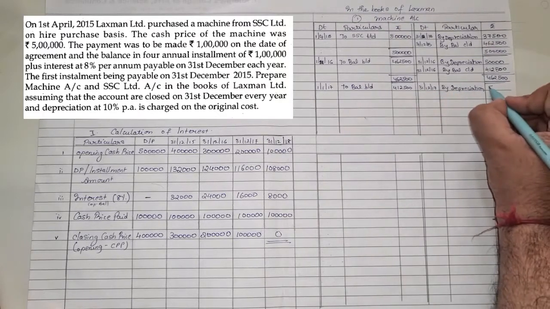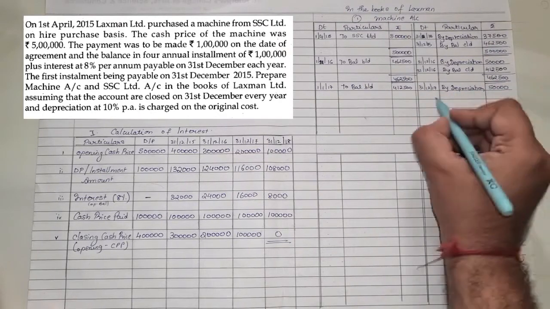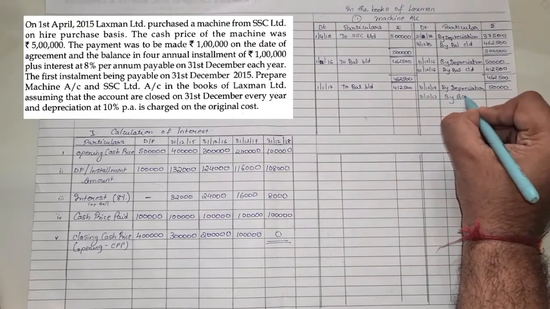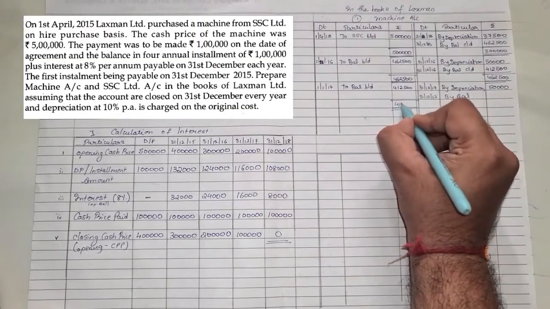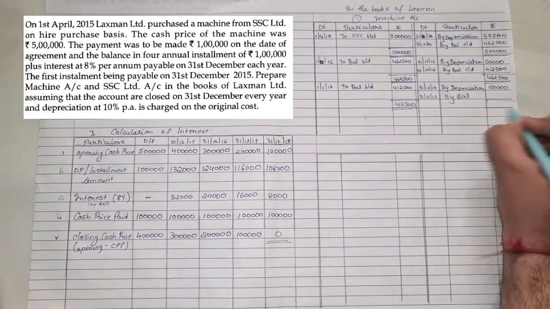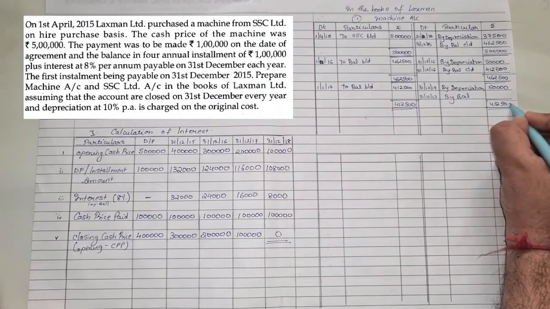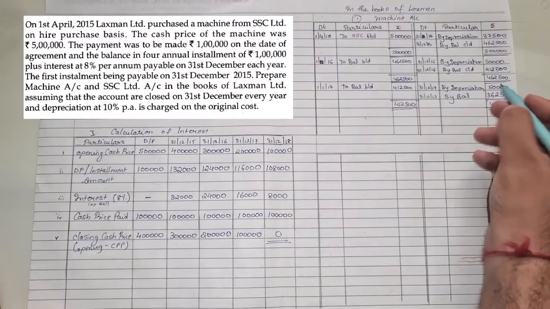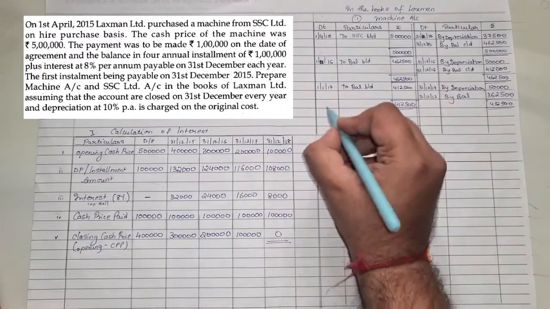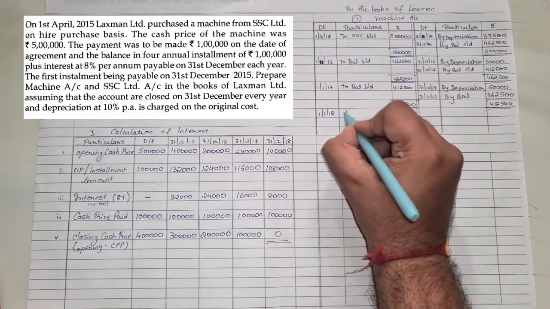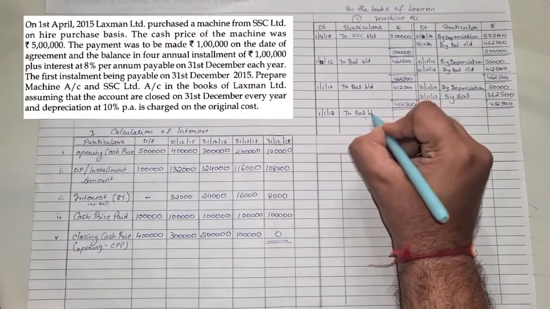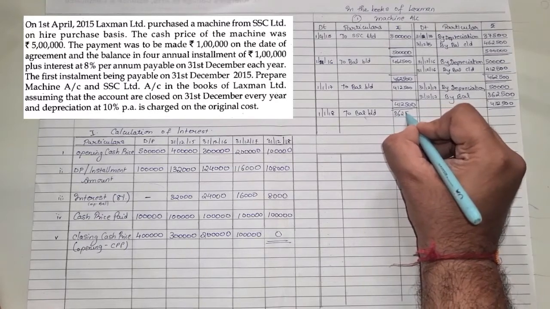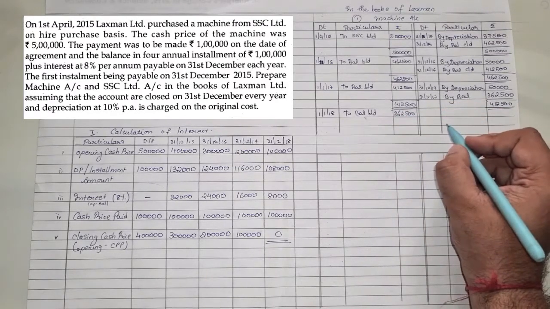Now full year, so full year depreciation is again going to be 50,000, straight line method. Again 31st December 2017 by balance, I tally this part, so this becomes 4,12,500 on either side. From that I minus 50,000, we get the value as 3,62,500. Again 1/1/2018 to balance brought down 3,62,500.